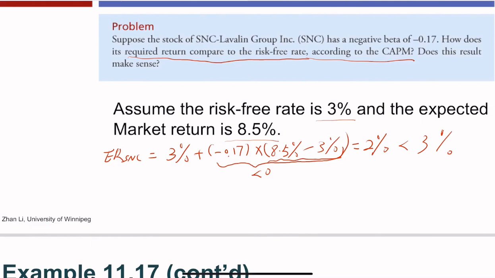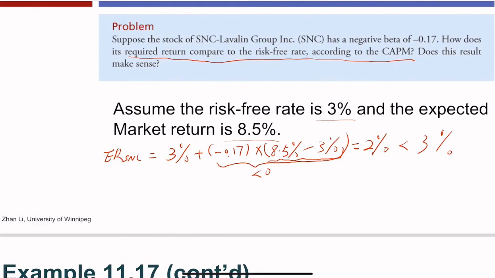Well, this is a very special case, and it does make sense, because this stock has a negative beta. Generally, you expect a higher return compared with the risk-free rate because beta is generally positive. In the case of negative beta, you will just require a return smaller than the risk-free rate.